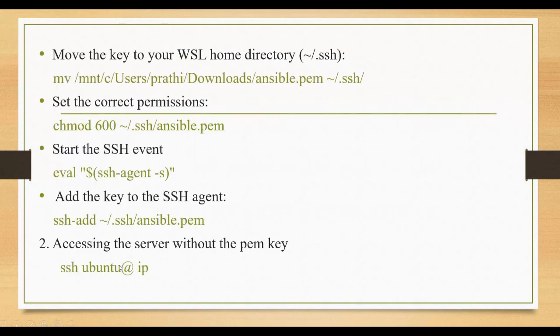Here also it's the same SSH, initiating the SSH connection to the remote machine using the Ubuntu user. We specify the IP address, and it helps to connect to the remote machine.